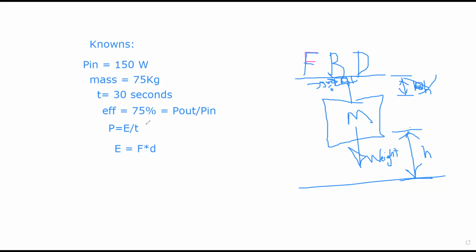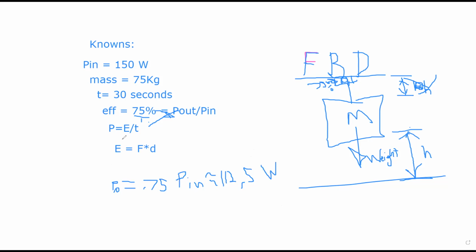So if you cross multiply here, P out would be equal to 0.75 times P in, which is equal to 112.5 watts.